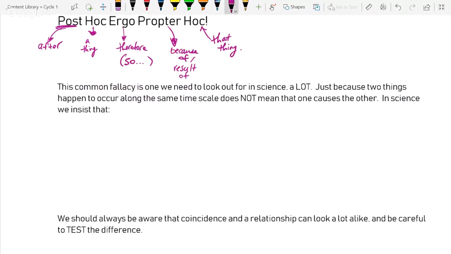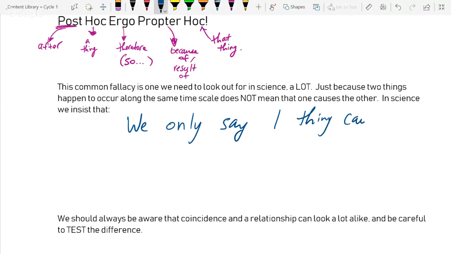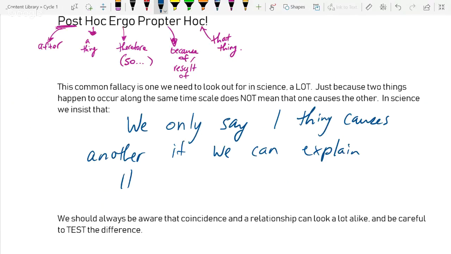So we insist that we only say one thing causes another if we can suggest, or if we can explain how and why that might be true.